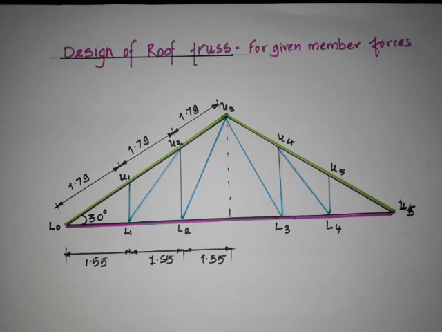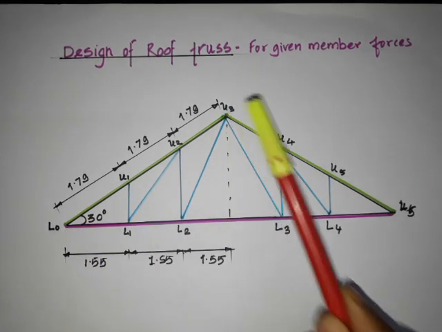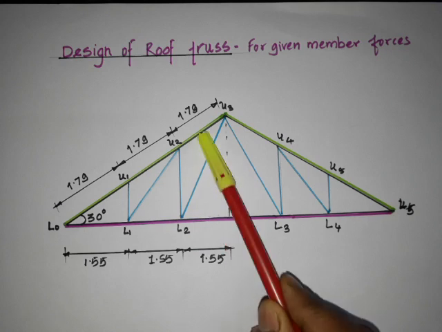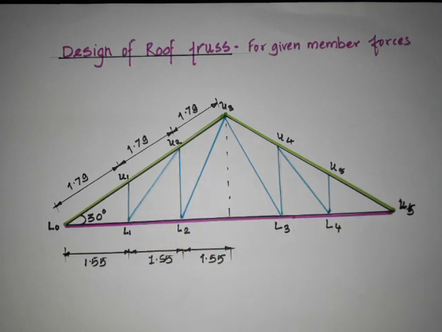I had explained how to convert the given member forces into design forces by considering some of the load combinations, and we have calculated the design member forces for principal rafter, main tie and for other interior members.